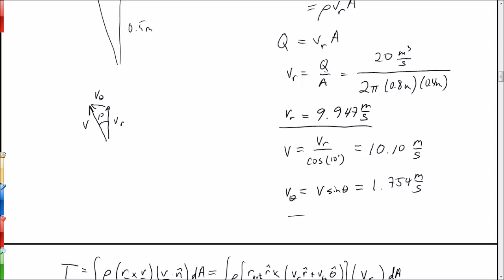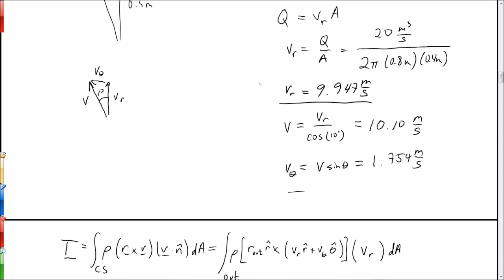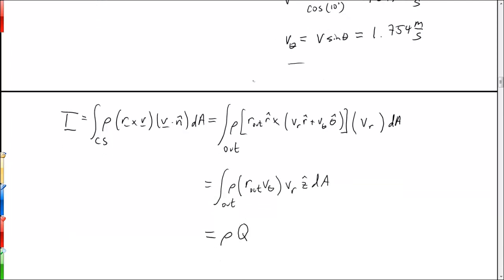That means Q is equal to VR times the area, and because we're assuming steady in the mean, we can do that integral straight away to get Q. So that takes care of rho, VR, and the dA part, and so then we just have to multiply this by the radius of the outlet times v theta, and this is all still times z hat.